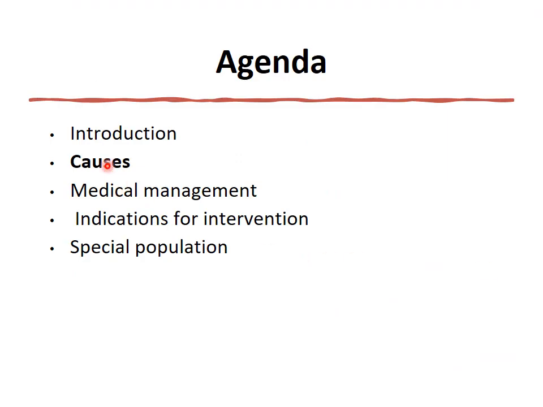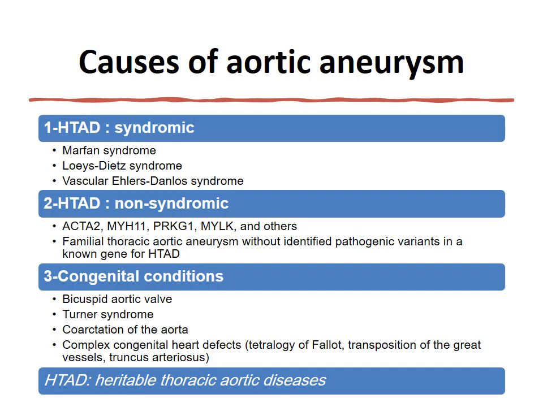Now we will talk about causes of aortic aneurysm. What are the famous causes of aortic aneurysm? The first cause is heritable thoracic aortic disease, which is subdivided into syndromic and non-syndromic.